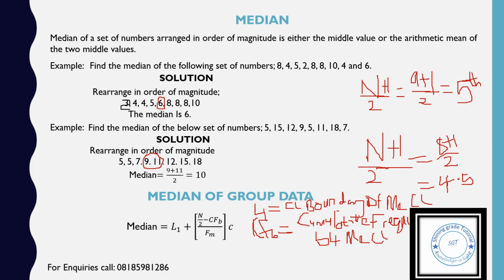And then we have our FM. The FM is the frequency of the median class, and then we have C. C is the class size.